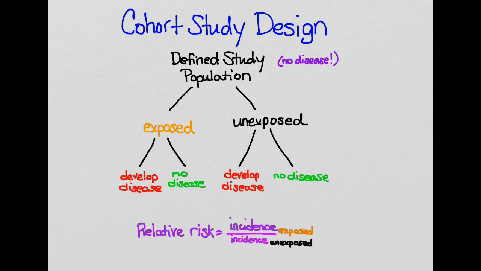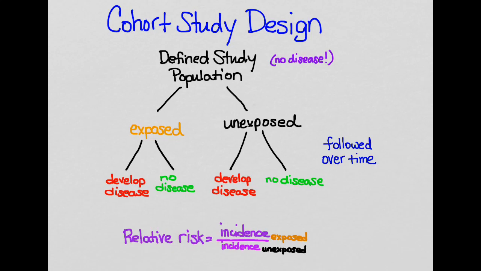Unlike a cross-sectional study, which has a similar design, but the cross-sectional study is just one single point in time. So the following over time between exposure and development of the disease is the key characteristic of the cohort study.